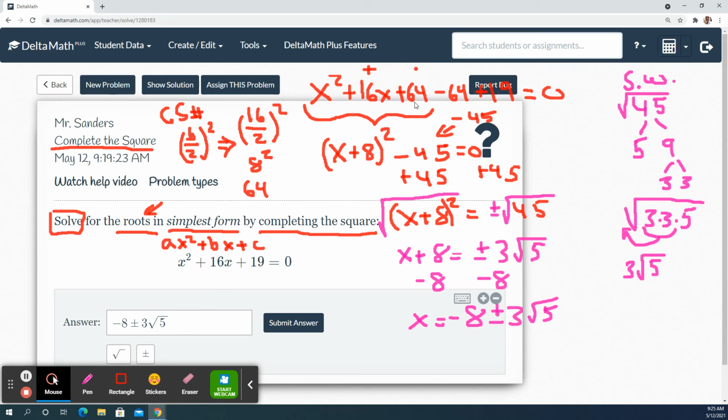So there's the 64. I add and subtract it to keep it balanced. Then we still have our plus 19, and it all equals 0. This part turns into our perfect square binomial, and we combine like terms here, solve for x, and simplify our square root to make sure everything is in its simplest form.